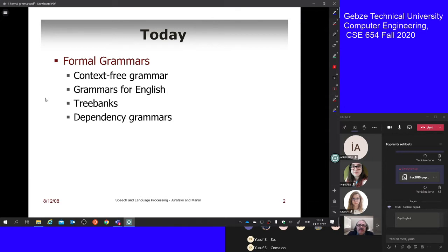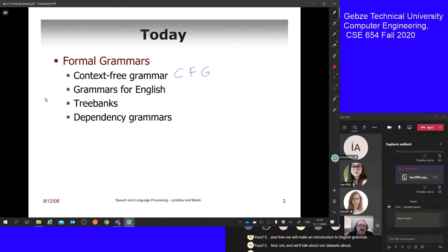Today we will talk about grammars, context-free grammars, CFG, and then we will make an introduction to English grammar, and we will talk about our data sets, the tree banks.